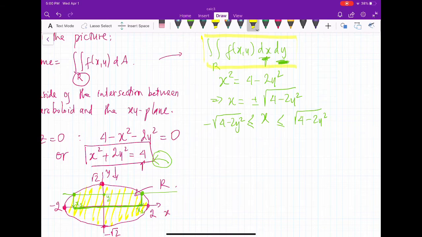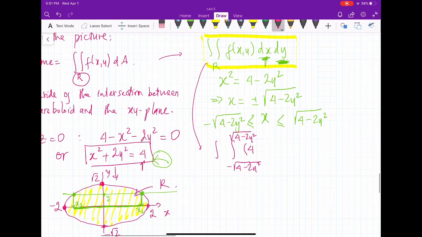After this, I can rewrite my integral. The integral looks like the integral from negative square root of 4 minus 2y squared to square root of 4 minus 2y squared. The function is the same, that is 4 minus x squared minus 2y squared. Here should be dx, right?